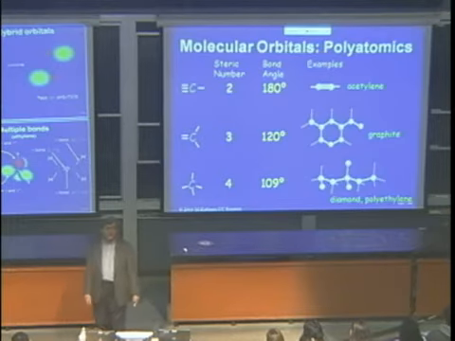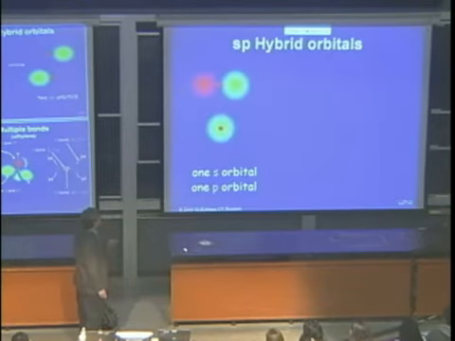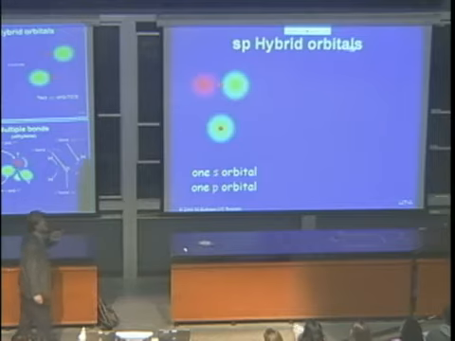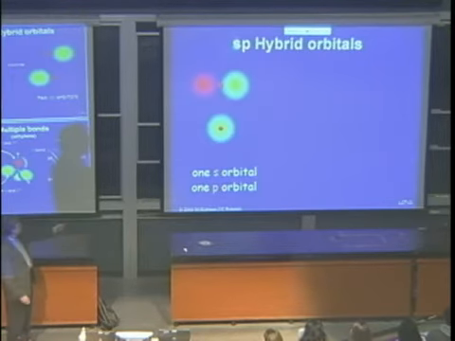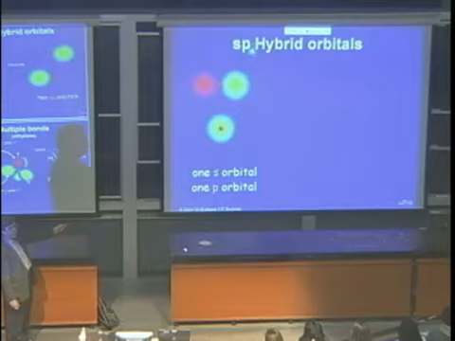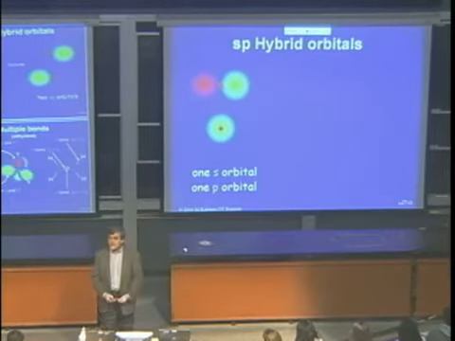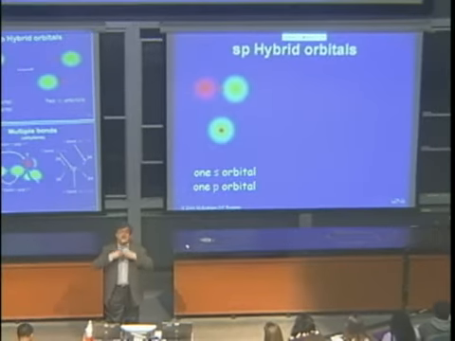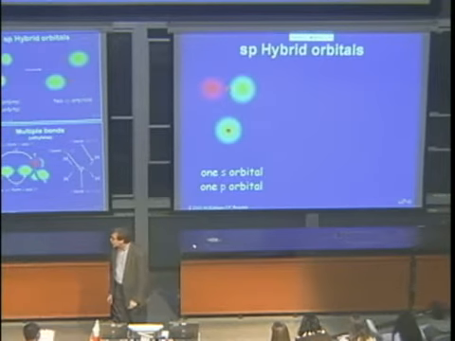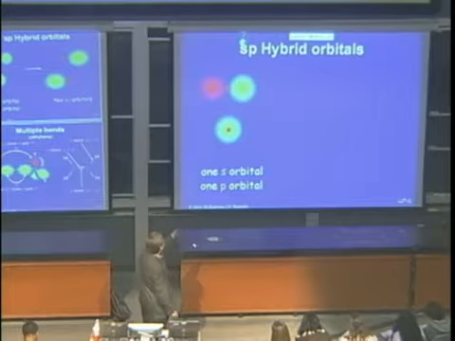Quantum mechanically, it's possible. And with this, for example, we make an sp hybrid orbital. That name shows you there's one s orbital and one p orbital. We don't do any bonding. We just look at that atom and get the orbitals ready for bonding by doing an sp hybridization.